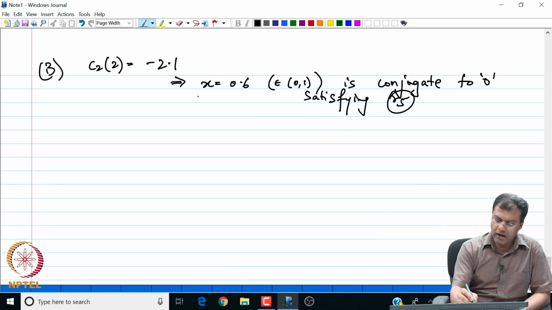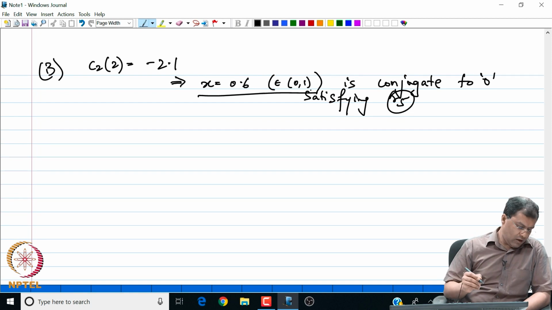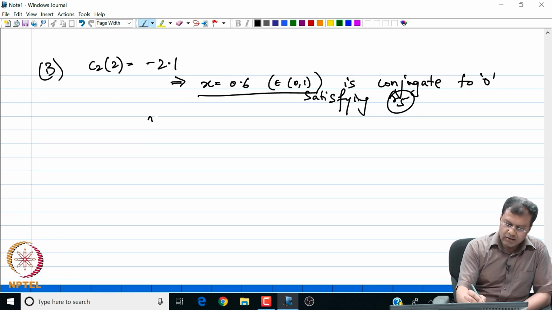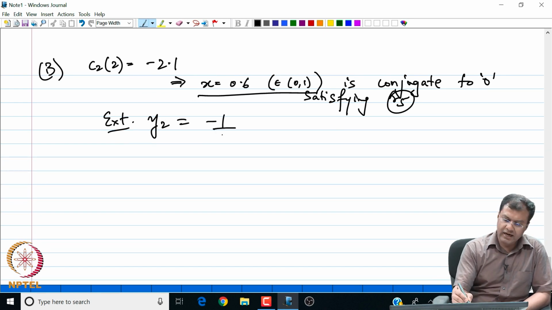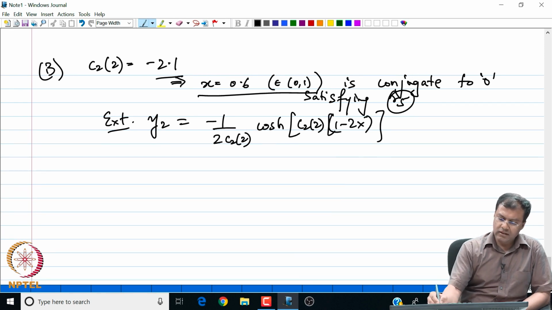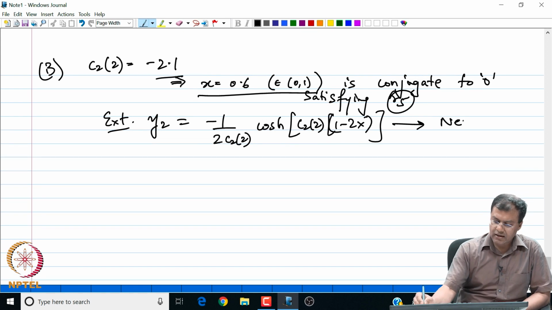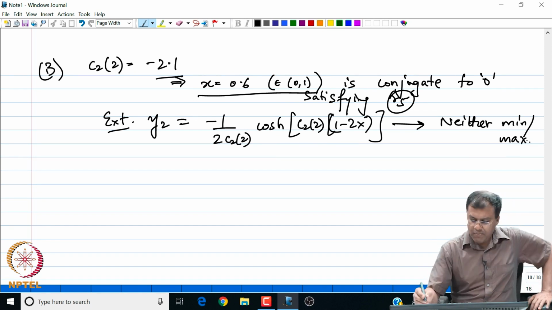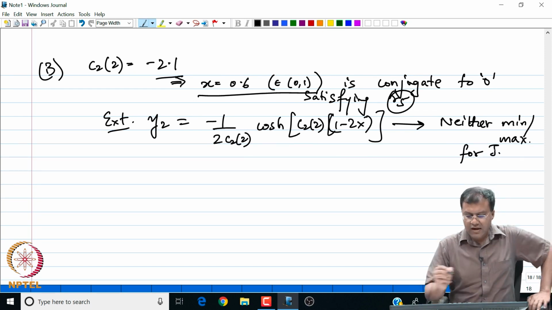So, we have found a point which is conjugate to 0, or the conclusion is that the extremal y2, which is given by negative 1 by 2 C2 of 2, from the second constant here, cosh of C2 of 2 times 1 minus 2x, this solution is neither going to give me a minima nor going to give me a maxima for J, right.